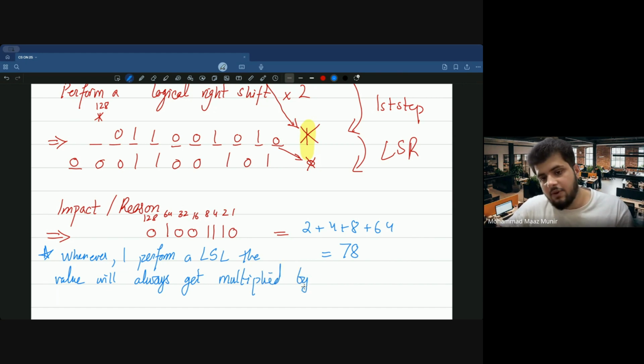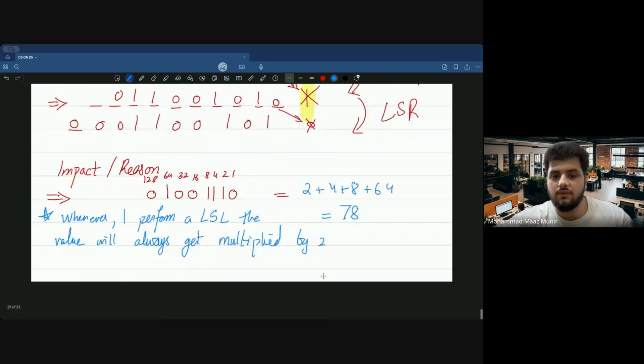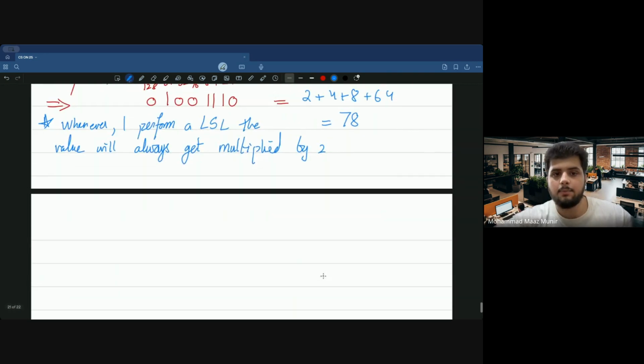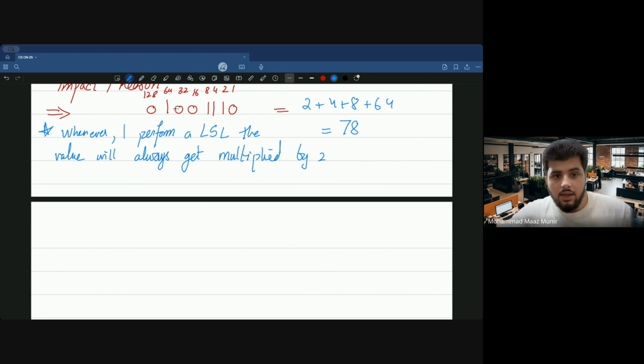Let's say I perform a logical leftward shift on this specific binary number. What's going to happen? This 0 is just going to go away because it will come under the overflow section. And then we will have the number as 1 0 0 1 1 1 0. And finally, because we will have an empty slot up here, we are just going to put a 1 up here too.